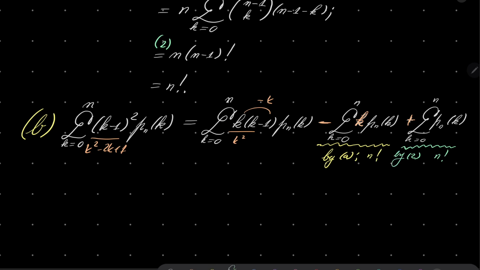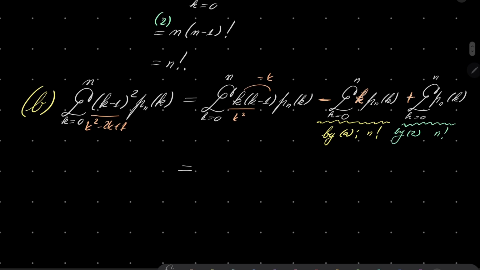So they actually cancel each other out, and we are left with the sum going from 0 to n of k times k minus 1, and instead of Pn of k, we can put n choose k, n minus k subfactorial. Also, let's notice that we can start our summation this time from 2, because if k equals 0, this vanishes, and if k equals 1, this vanishes.